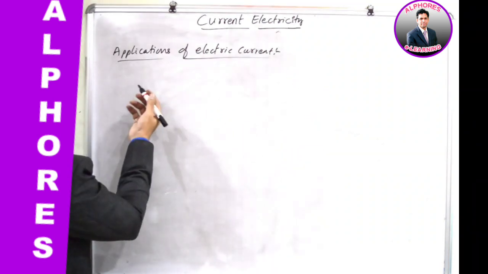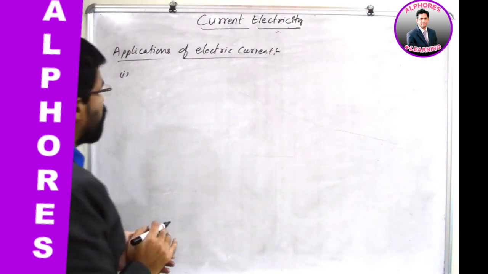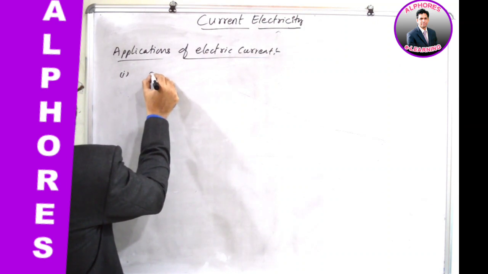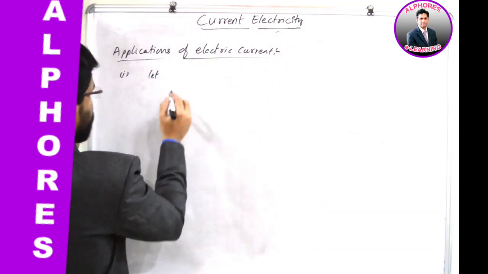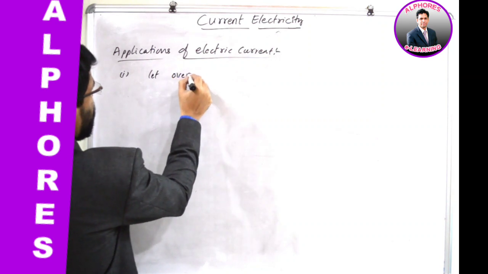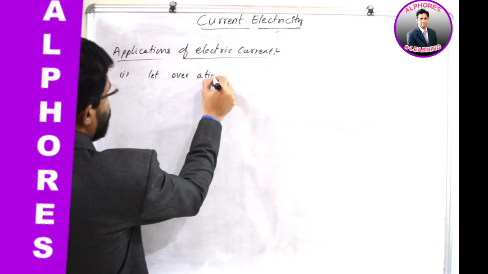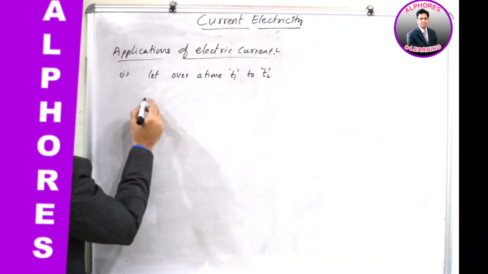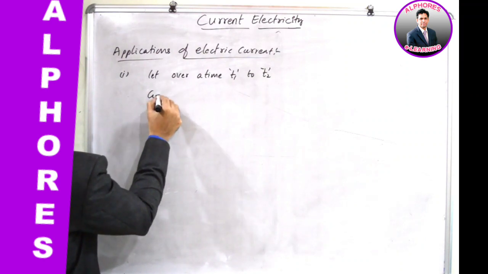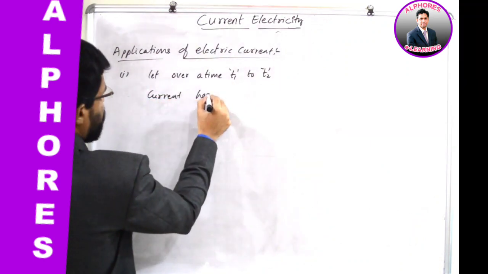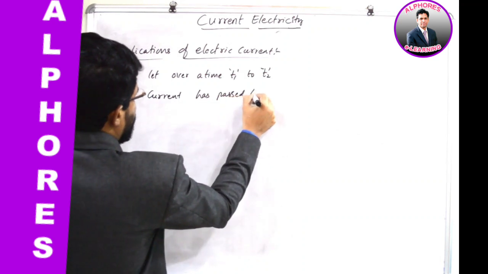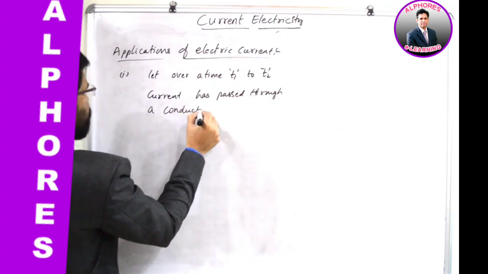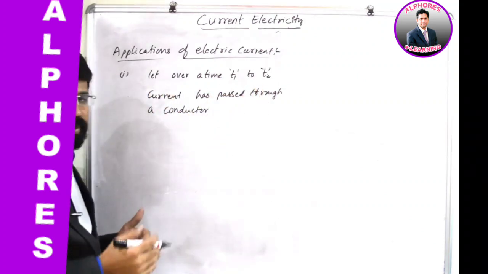Let us see what kind of applications we can focus on. Let current pass through a conductor over a time T1 to T2. What was said? From time T1 to T2, some current has passed through the conductor.